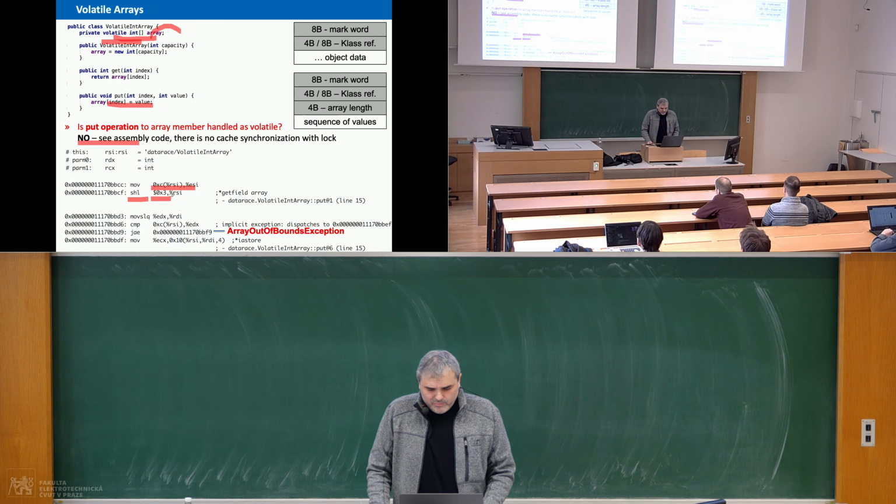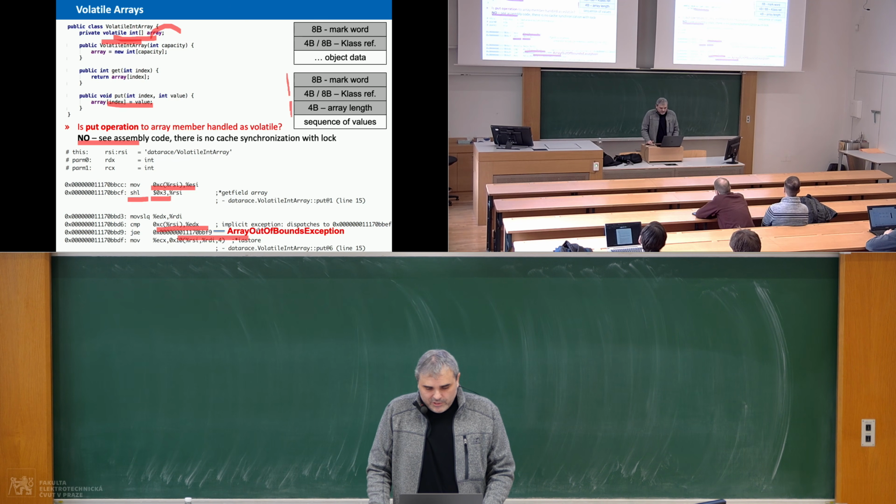It's multiplication by 8. Then there is this check for array out of bounds, because this object is an array, so the header is longer. It also includes the size of that array to verify that we are not accessing outside.